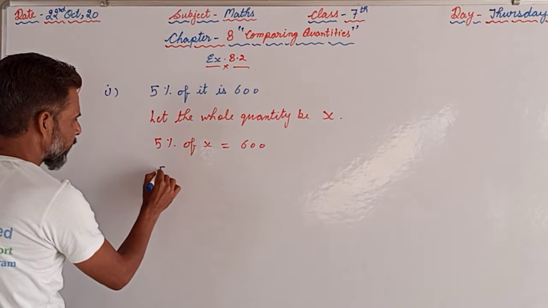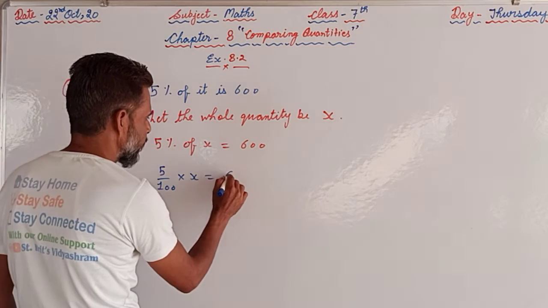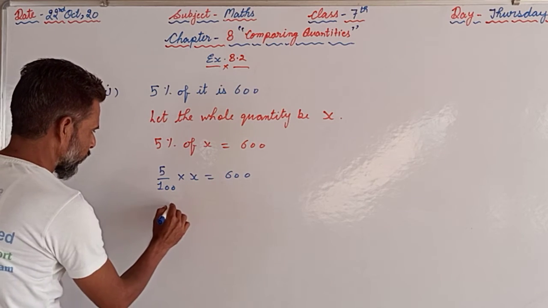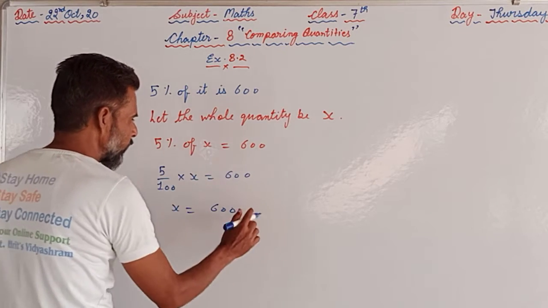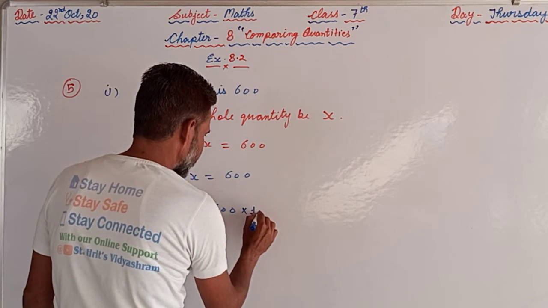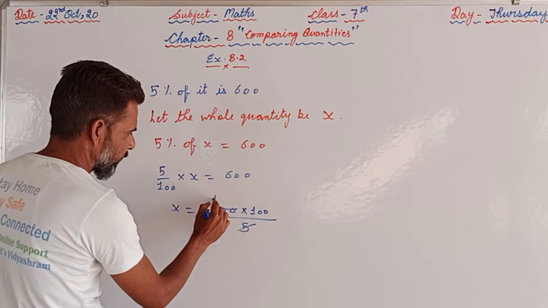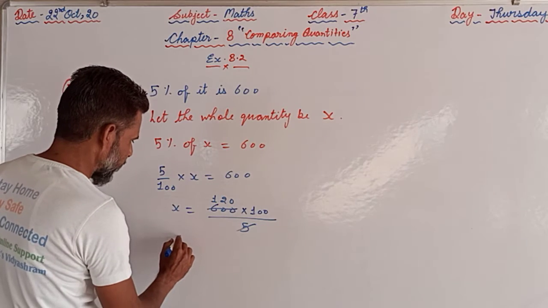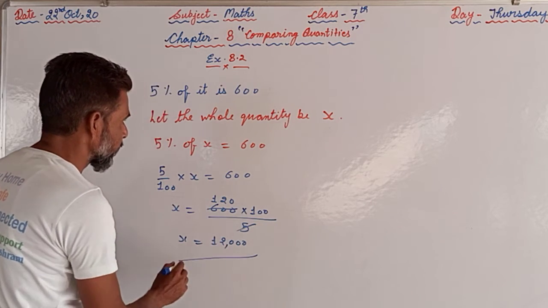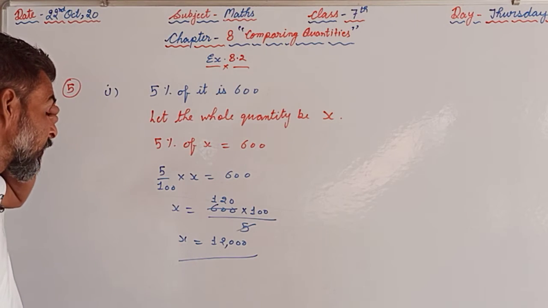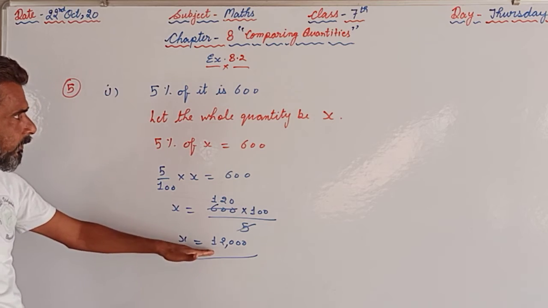5% means 5 upon 100 into x is equal to 600. So x will be equal to 600, that 100 will go upside, 5 will go downside, into 100 upon 5. 5 1 5, 5 to 10, 0, means x will be equal to 12,000. 5% of 12,000 is 600.